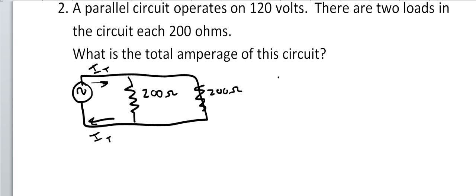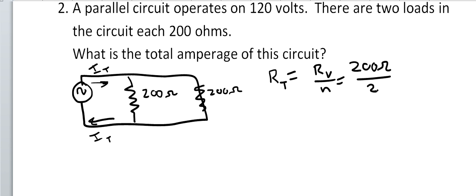So we notice that the resistors are the same, so that we could use this total resistor formula, and that is the resistor value divided by the quantity of resistors. The resistor value is 200 ohms divided by 2, and the total resistance is 100 ohms.